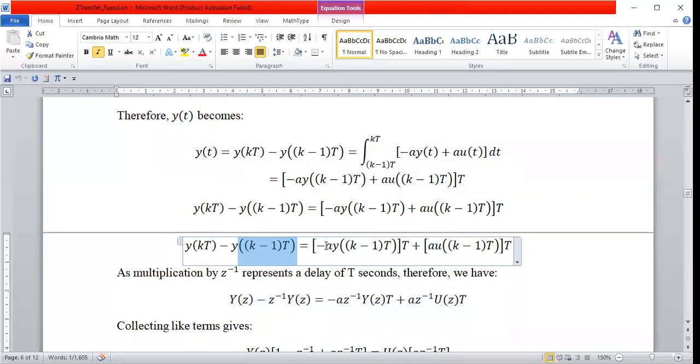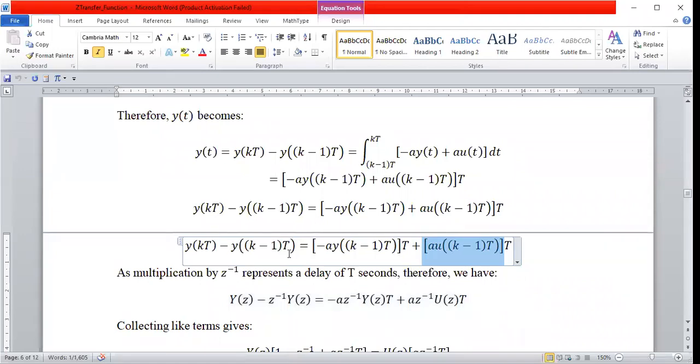So this is where the minus z comes from. Then this is where the z minus 1 comes from. Then the minus a comes down, then this t comes down. So the z transform of u of kt is u of z, but you have a delay of minus 1. So that's z minus 1.